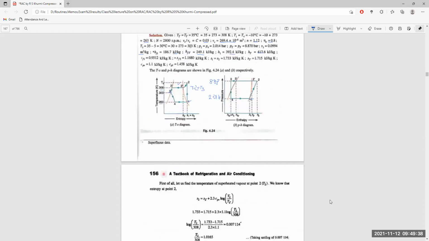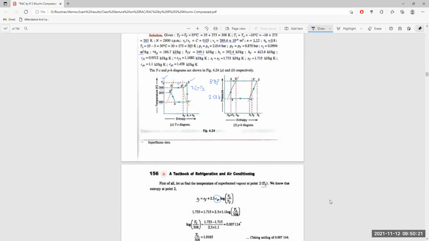Now first we have to find the temperature of the superheated vapor T2, which is not given, meaning the temperature at this stage is unknown to us. So we use the relation: entropy at stage 2 is equal to entropy at stage 2 dash plus 2.3 into the specific heat of the vapor of the refrigerant, multiplied by log of T2 divided by T2 dash.